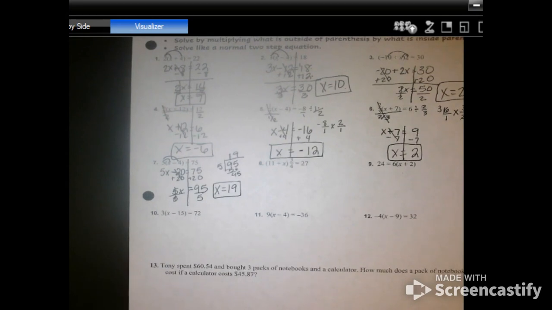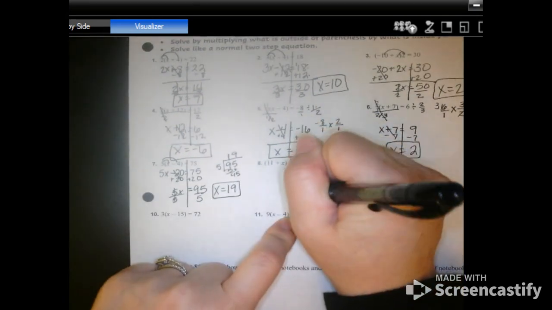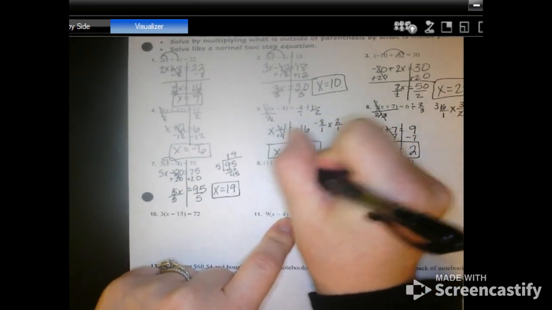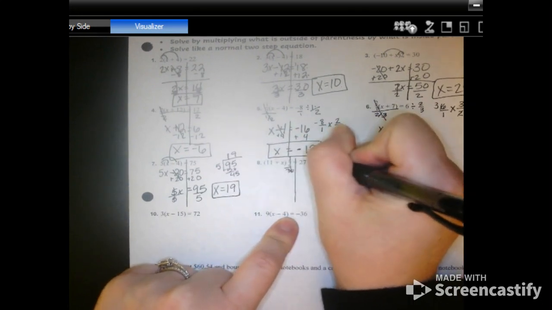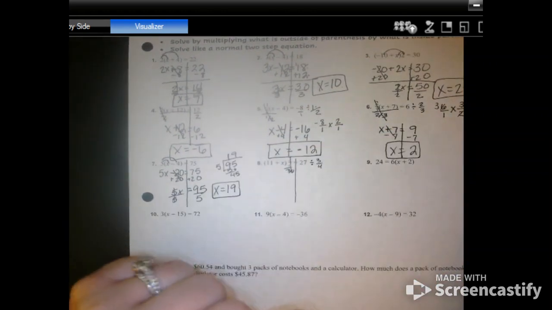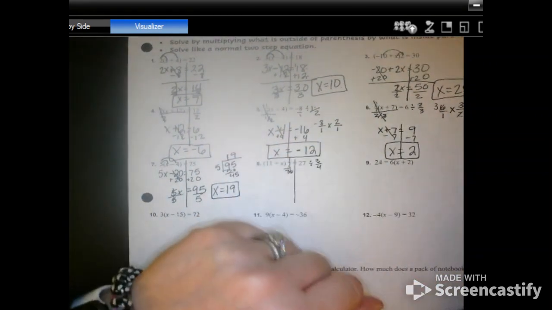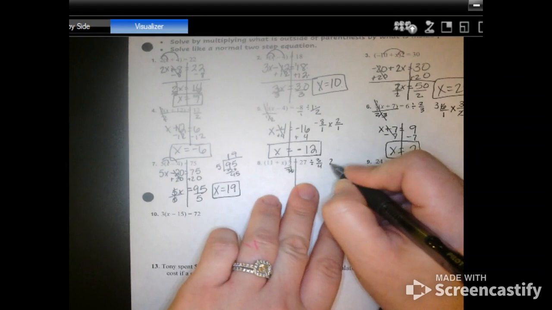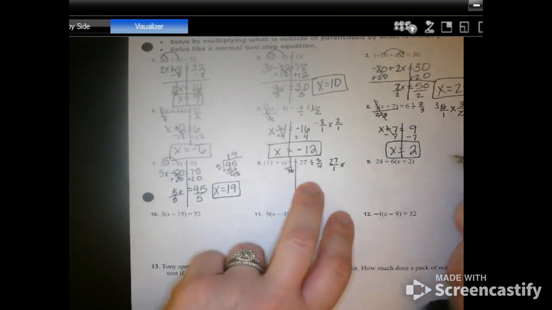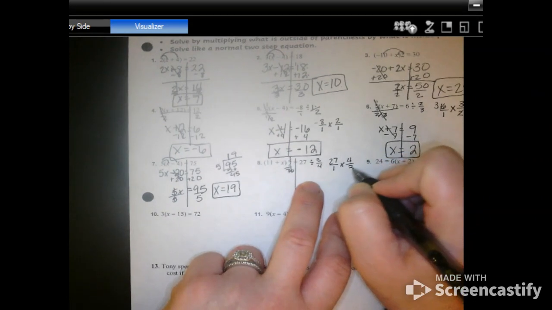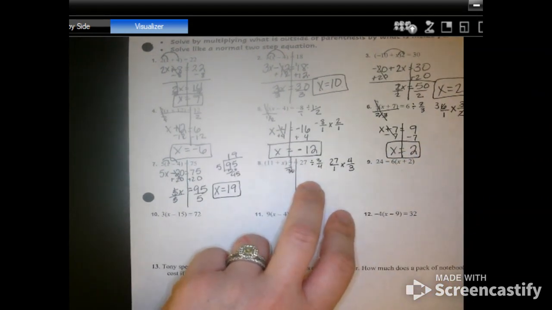Okay, we have a fraction next, right? Okay, so this is where it's multiplying by 3/4, so we divide by 3/4. What rules apply when we divide a fraction? Keep, change, flip. So I do 27 over 1 times 4 over 3. Is there any cross canceling I could do?